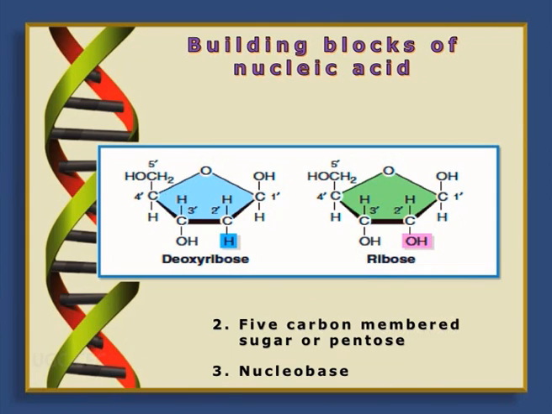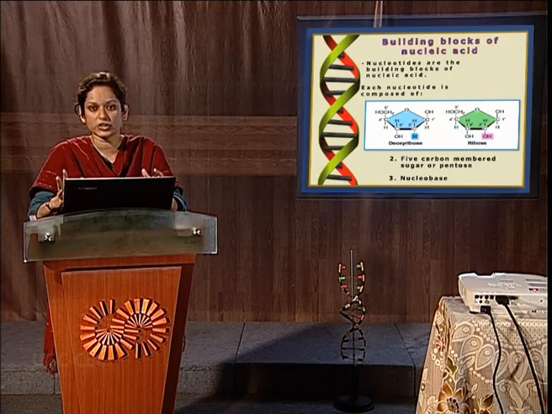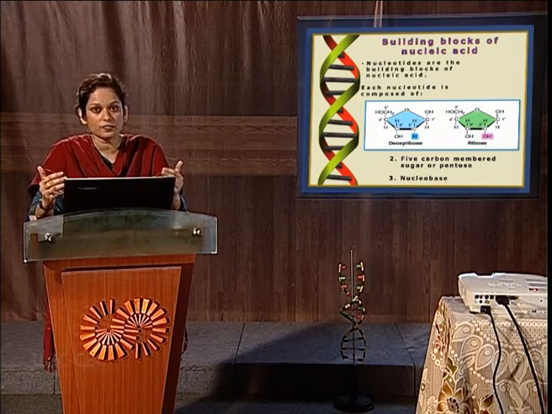After knowing about all of the different subunits, let us see how they are assembled together to form a nucleotide. Before we move into the assembly of the subunits, first let us understand or characterize the different subunits. The first subunit I have talked about is the phosphate group, which imparts acidity to the nucleic acid.